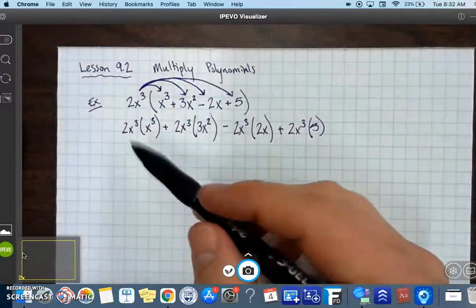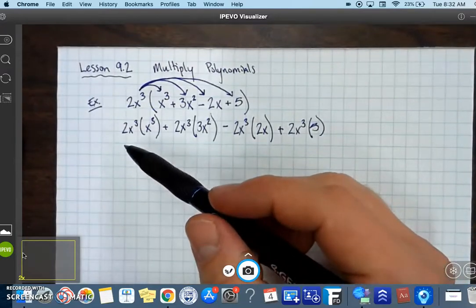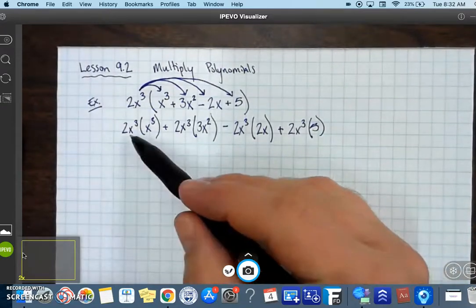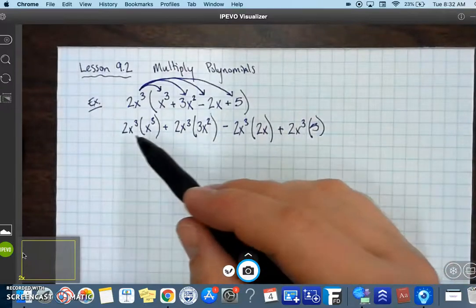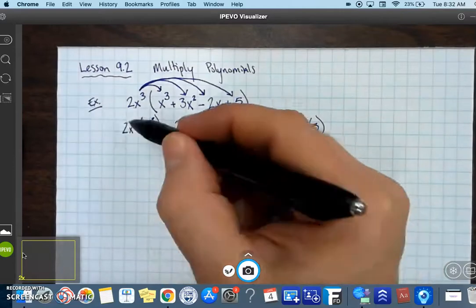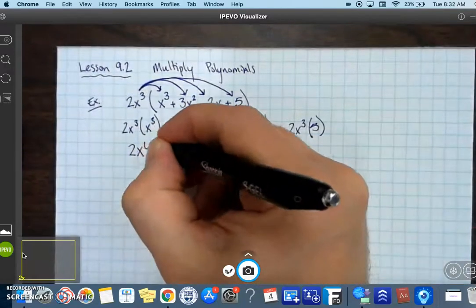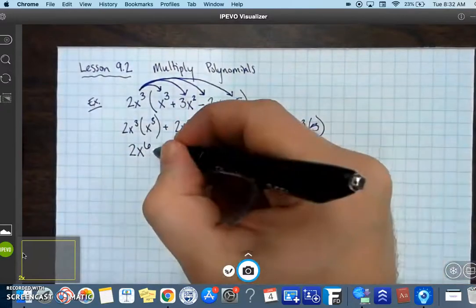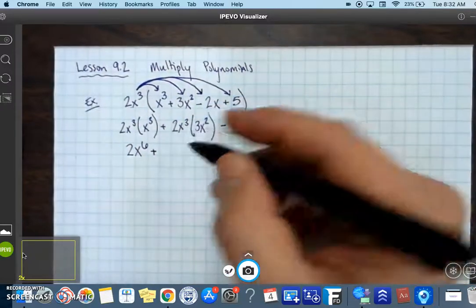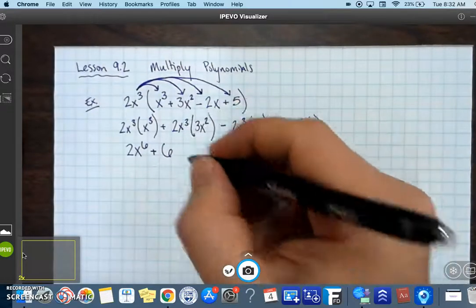Okay. So we're going to use what we learned in chapter 8, right? Where we have properties of powers, or properties of exponents. So if I have x to the third times x to the third, right, we add the powers. So this is 2x to the sixth. And then I'm going to have plus 2 times 3 is 6. Again, like bases, multiplied together, add the powers.